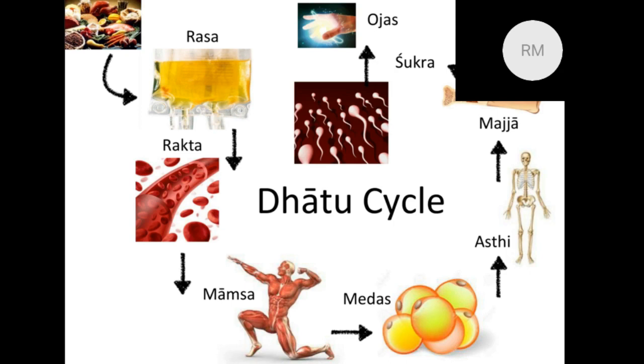Some of the Dhātus are a bit confusing: Rasa, then Majja, and then Shukra.